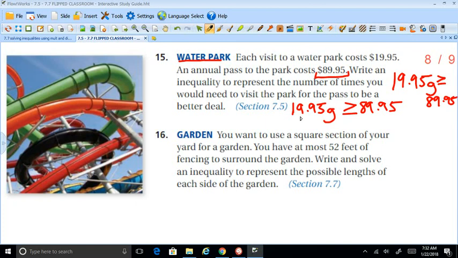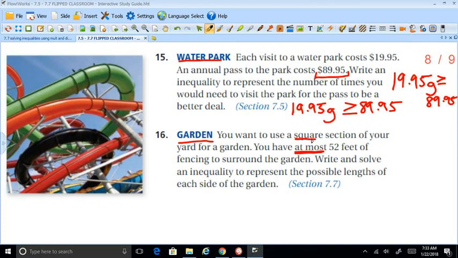Number 16, garden. You want to use a square section of your yard for a garden. You have at most, so the greatest possible amount of space, 52 feet of fencing to surround the garden. Write and solve an inequality to represent the possible length of each side of the garden. Well, perimeter. We're going to use a square.